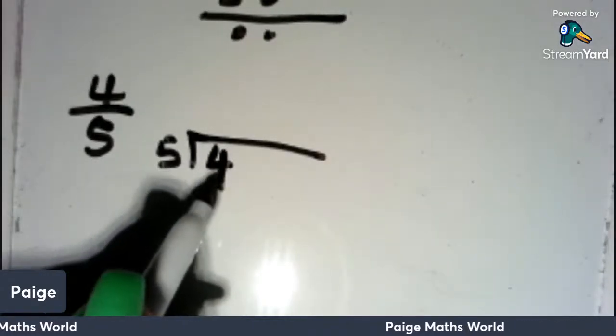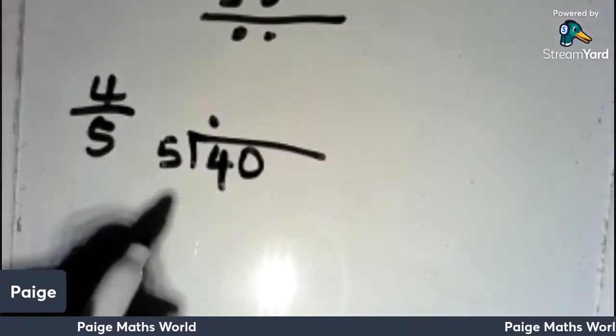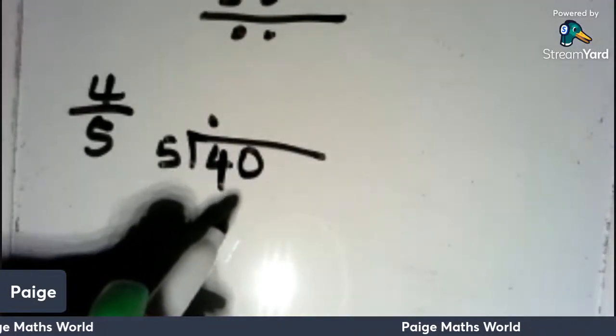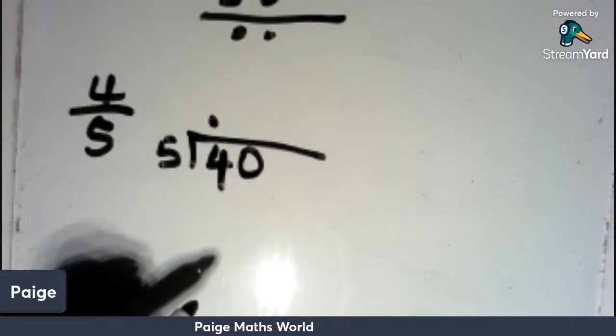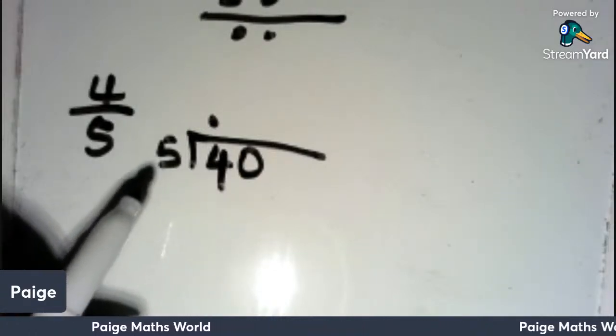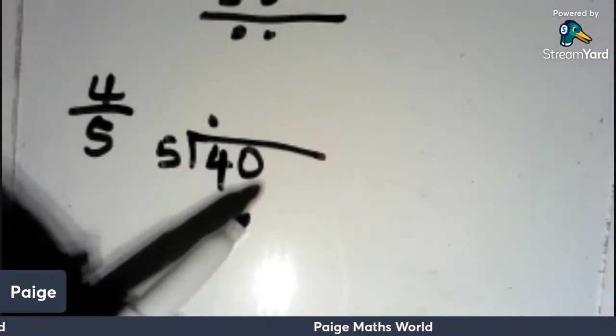So 5 into 4, you can't. So you put a decimal point and you add a 0. And now you say 5 into 40. How many times can you get 5 from 40? So we can go up and we say 5 ones are 5, and you go on and see what's the closest number you can get to 40.